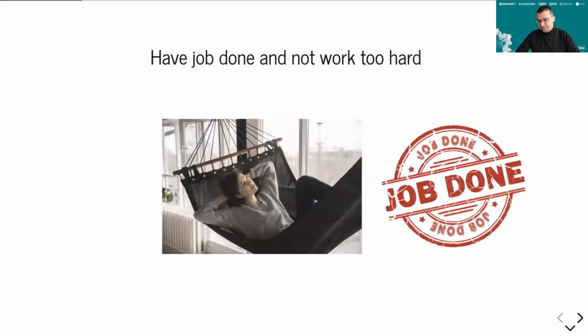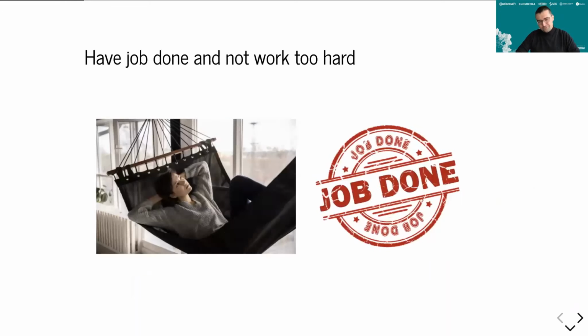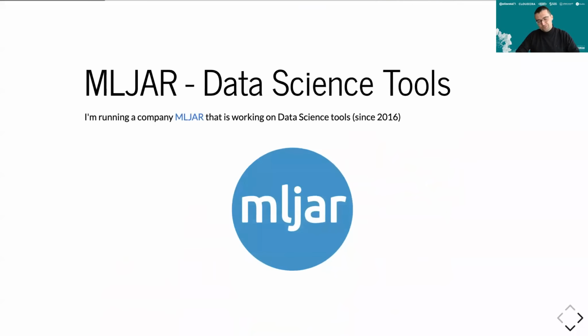I like to get the job done and not work too hard, but it doesn't mean that I'm lazy. I just like to use the proper tools for the job. Somehow I found myself working on data science tools. In 2016, I founded a company called MLJAR.